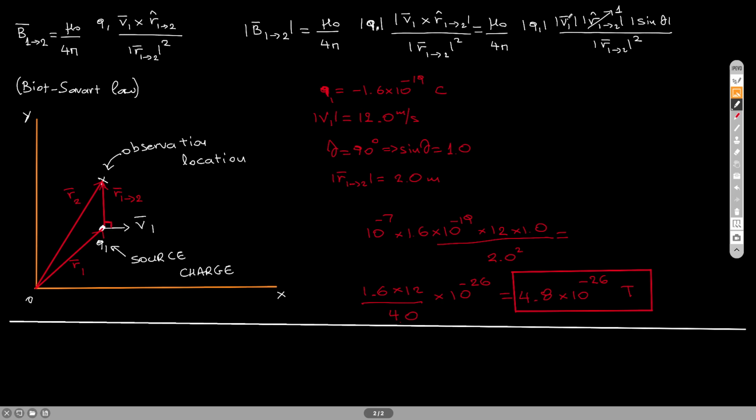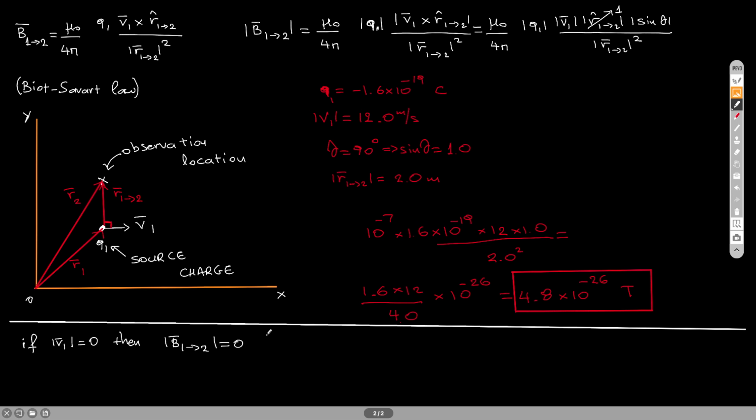So the speed: if the speed of the particle is 0, which means if my charge is not moving, then this will tell me that the magnetic field is 0. So let's make a note. If the speed of the source charge is 0, then this means that the magnetic field that this creates around it is 0.